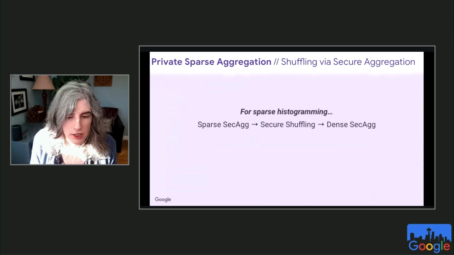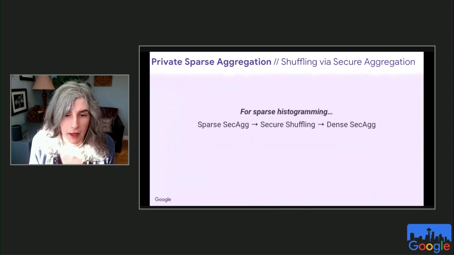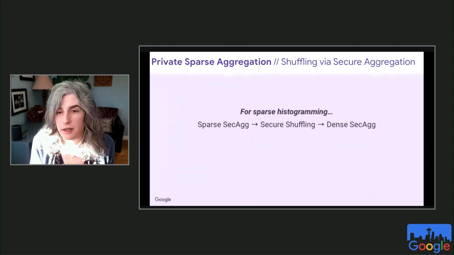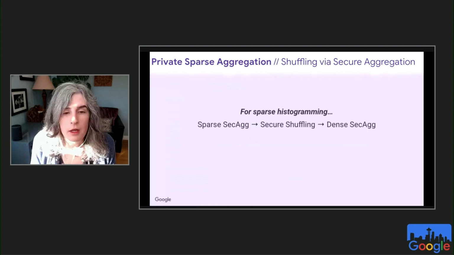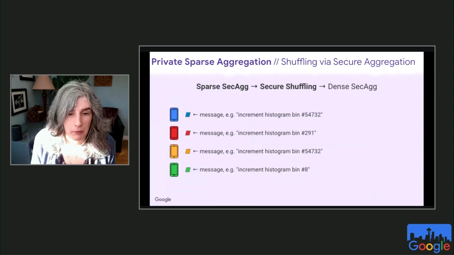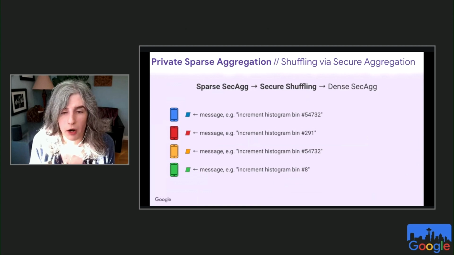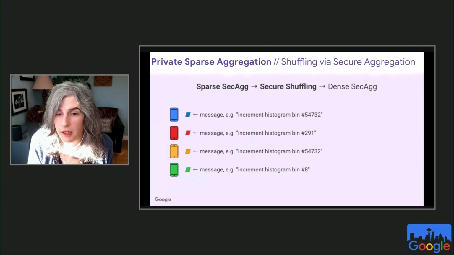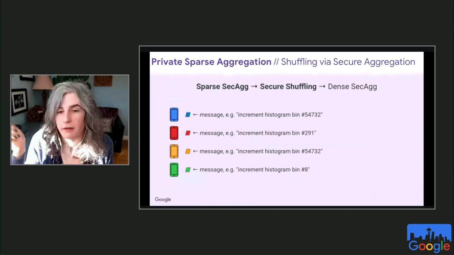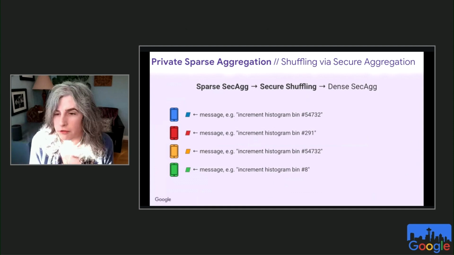On the sparse aggregation side of things, you could look to develop custom protocols, or another approach that you might use here is to reduce sparse aggregation, say sparse histogramming, to things we already know how to do. For a flavor of how that might work, you could imagine taking the sparse histogramming problem and reducing it to a sparse shuffling problem by having each device say, I have a message and my message says increment histogram bin number 54,732, for example.